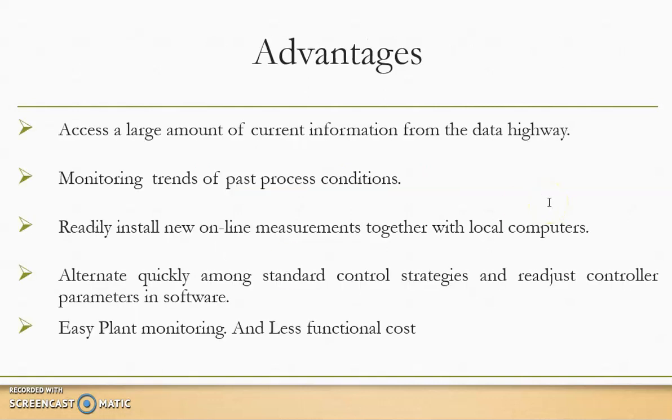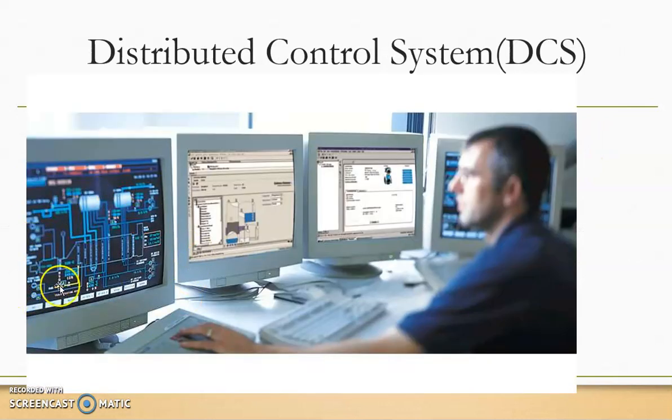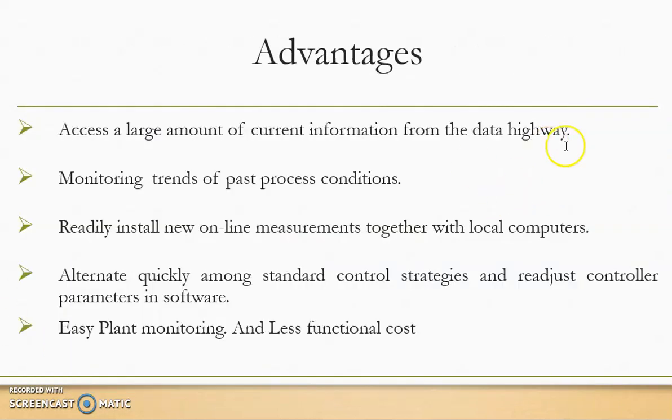So there are good points and advantages one can state about the DCS system. It can access a large amount of current information from the data highway. Yes, it can access a large amount of data in various formats, such as pressure and temperature, for many pieces of equipment. For many equipment it can store the data and handle the data.